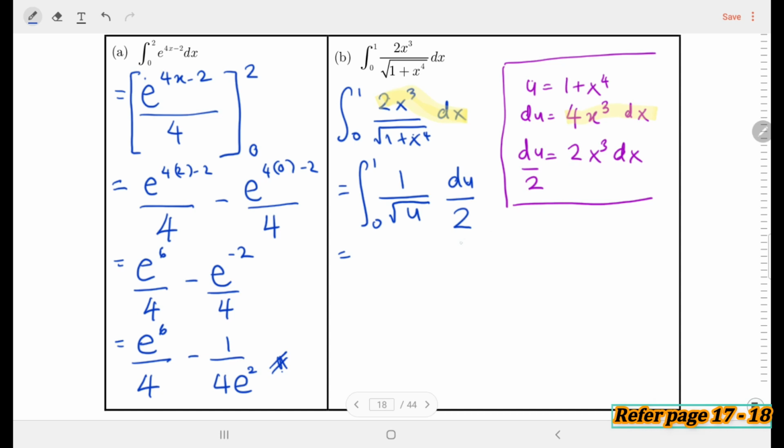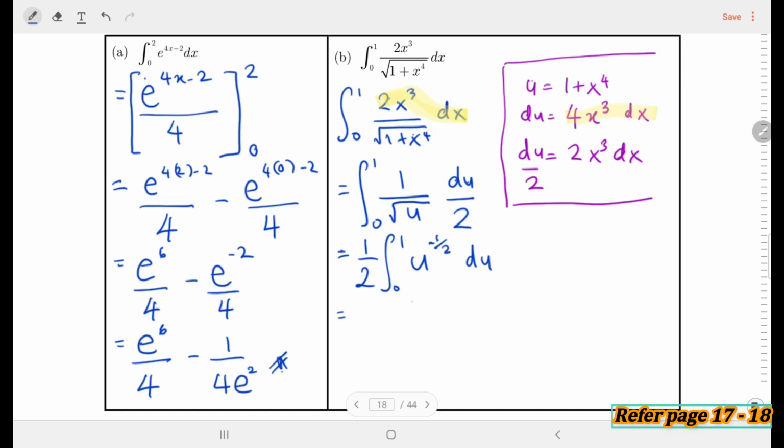To make it easier to solve, I put the constant to the front, so it becomes 1 over 2, integral from 0 to 1 of u to the power of negative 1 over 2 du, for me to integrate easily later.